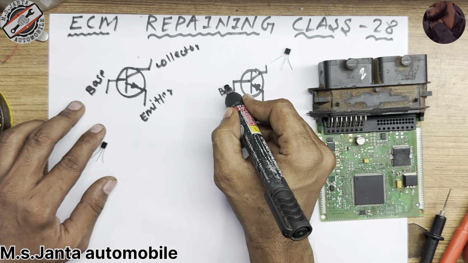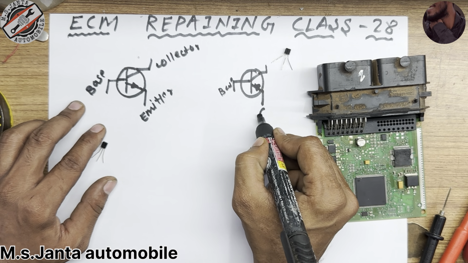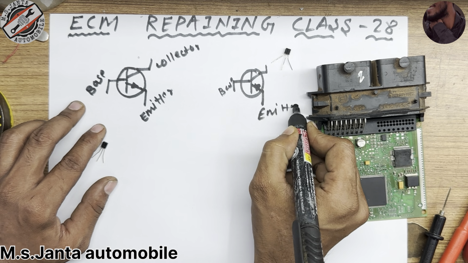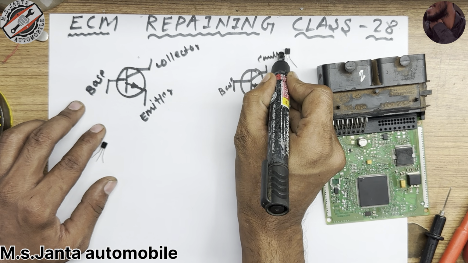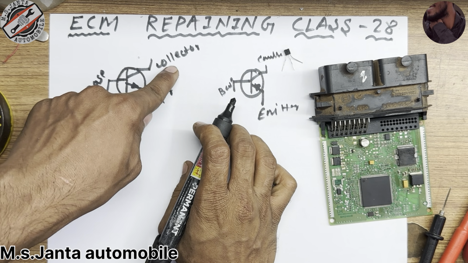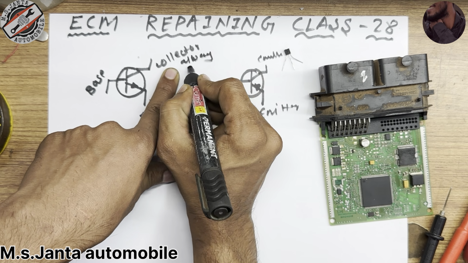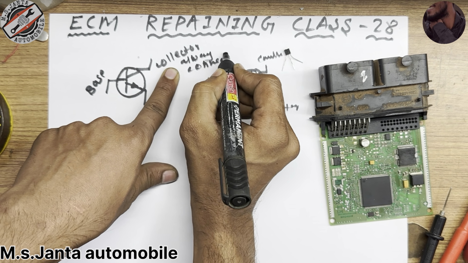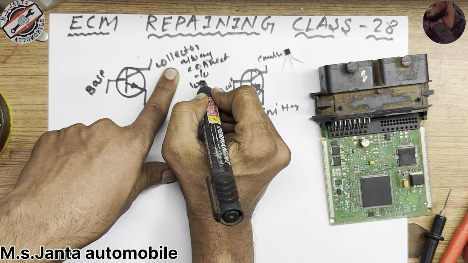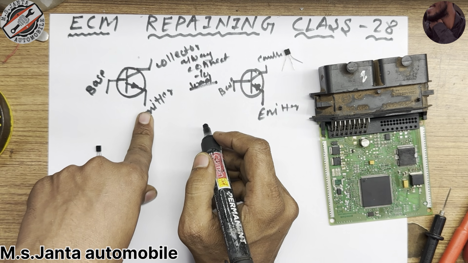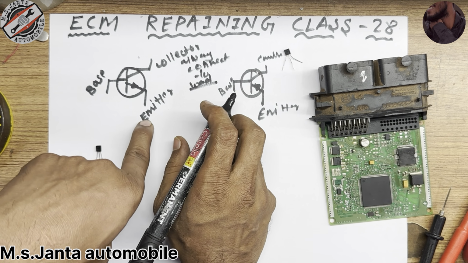Same here, this is base, emitter, collector. Collector always connects to load, and emitter always connects to source.